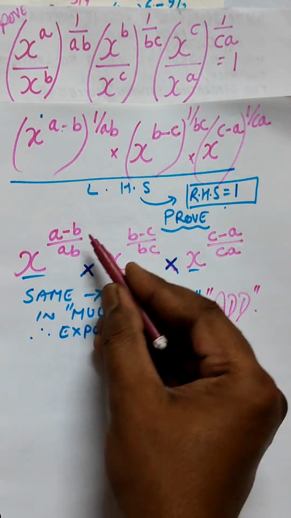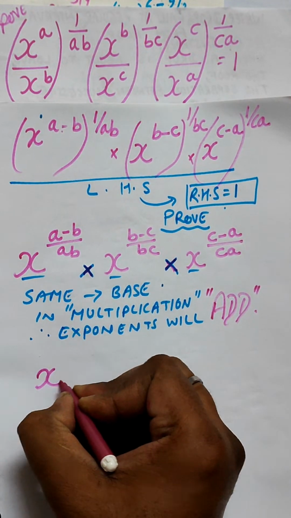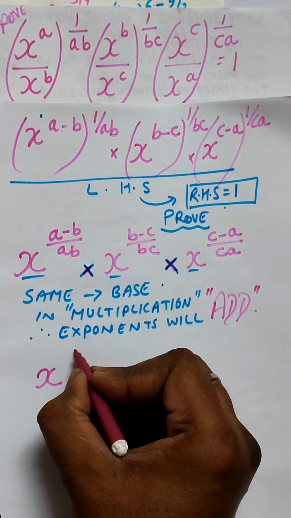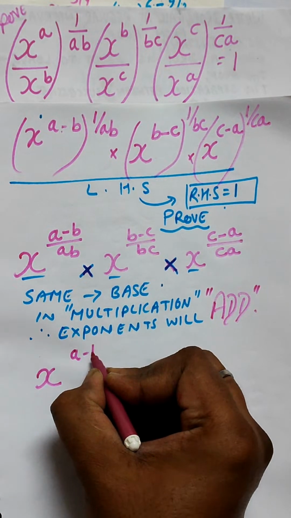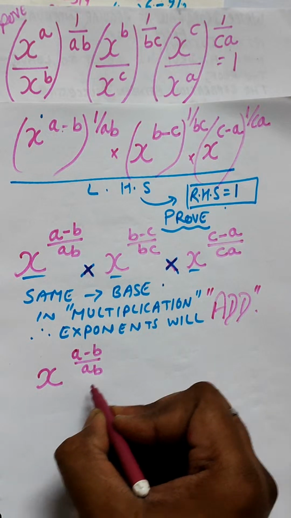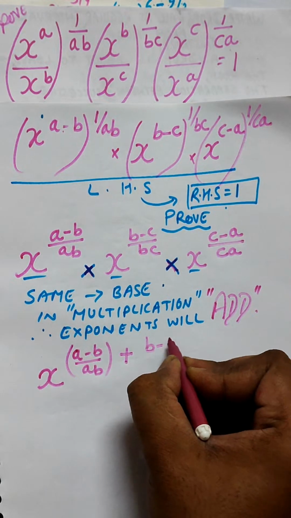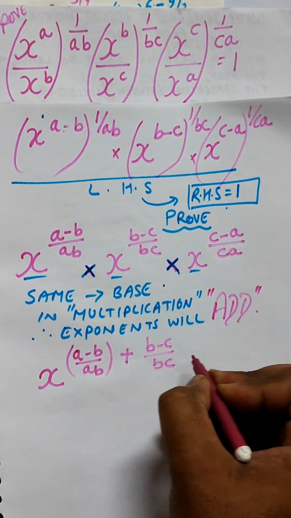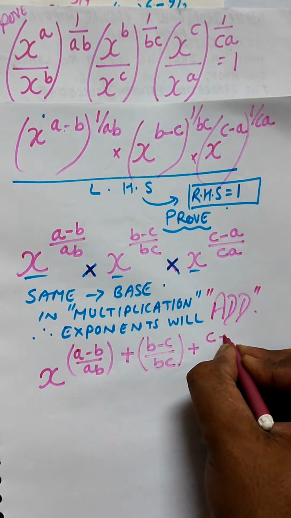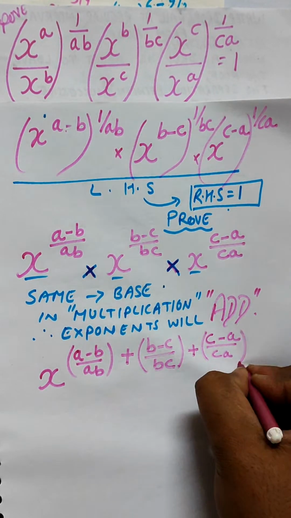Now this will give you x power, this first term can be written as x power a minus b by ab. The base will be same, and now adding the exponents, plus b minus c by bc, right, plus c minus a by ca, right.